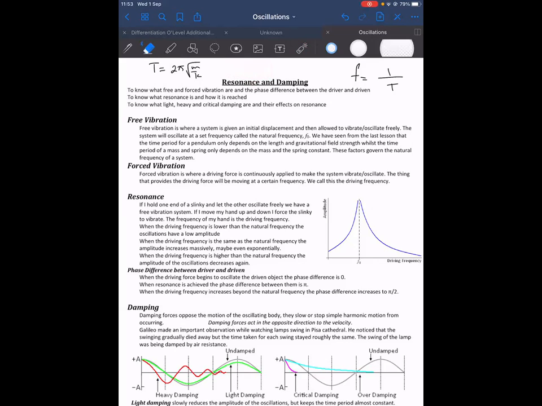Just like you have the time period dependent on these quantities. ठीक है ना?